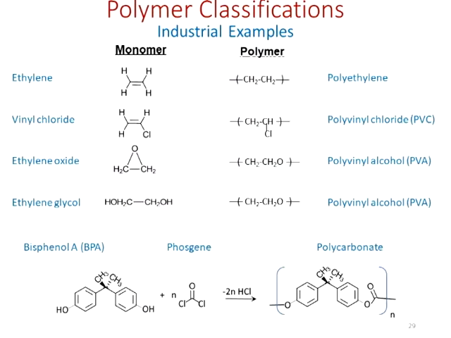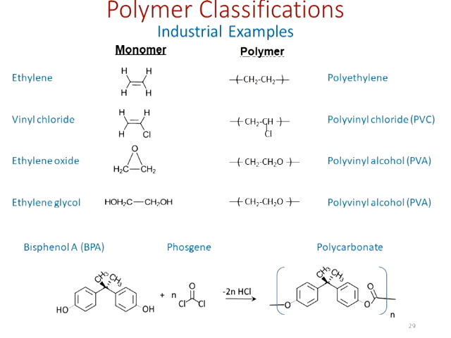These are examples of what the monomer would look like and what the polymer would look like, and how we name the monomer and how we name the polymer. The first four on this slide are homopolymers. The first one is ethylene, which is polymerized into polyethylene.